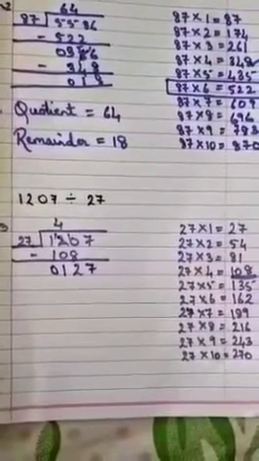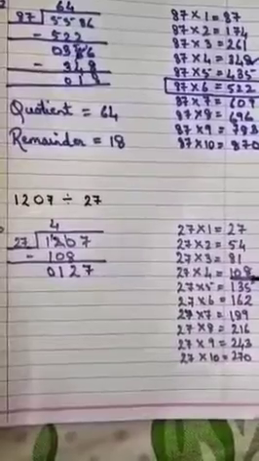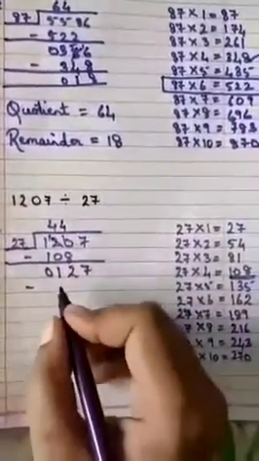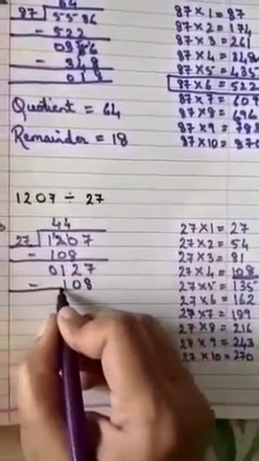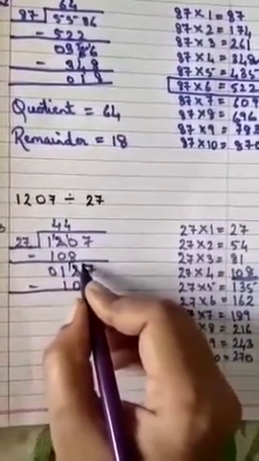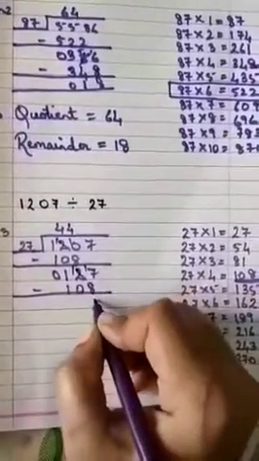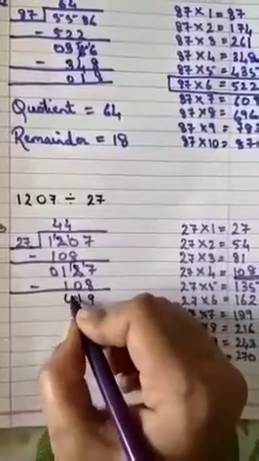Again, any number? Yes, again 27 fours are 108. Again we borrow 1. 17 minus 8 is 9. 1 minus 0, 1. 1 minus 1, 0.